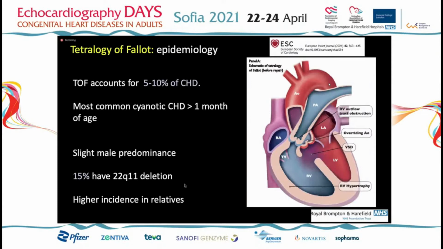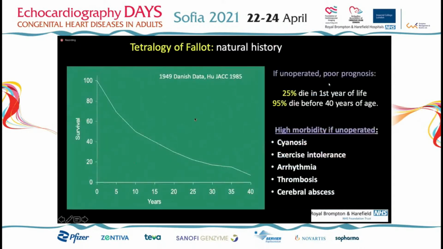This can have extracardiac features associated, but most cases of tetralogy of Fallot are not genetic or inherited and are new mutations. There's also a higher incidence in relatives, but it's predominantly in cases with 22q11 deletion.